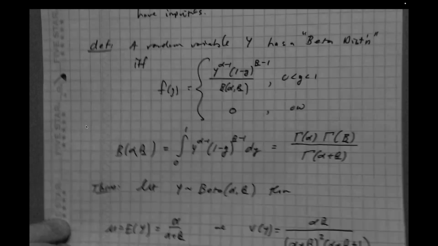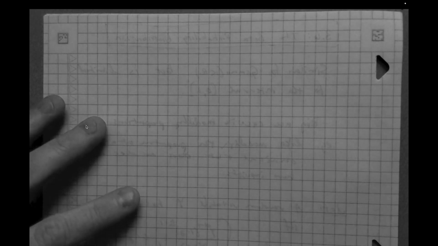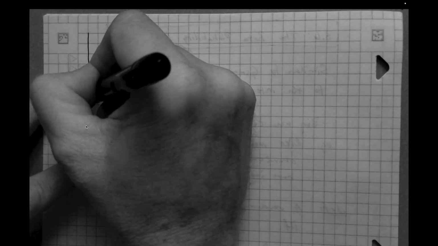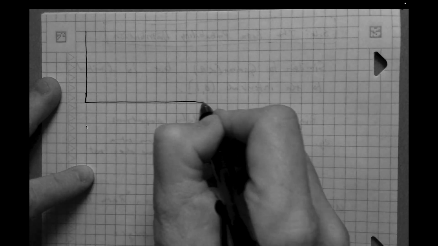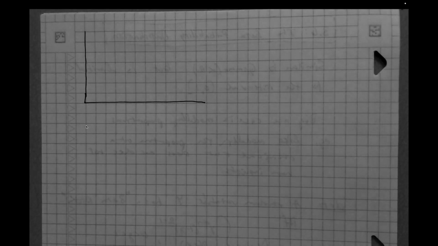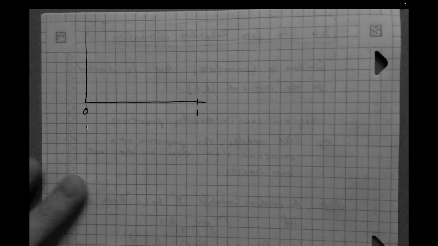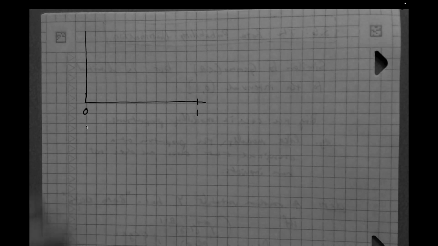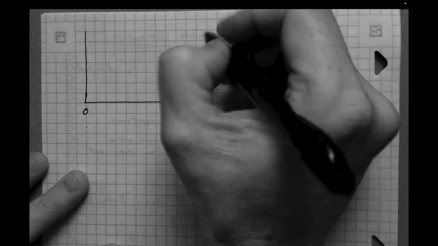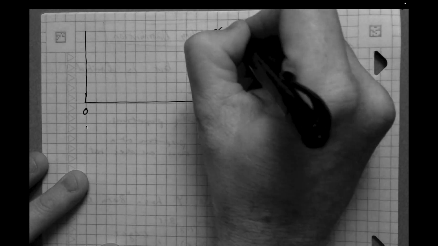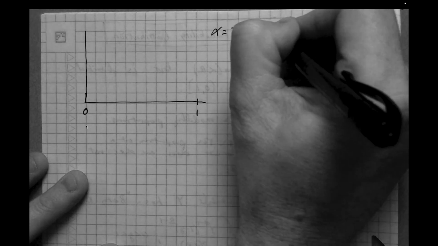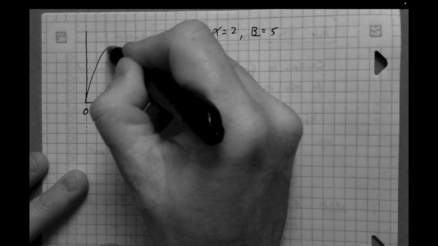The similarities to the gamma distribution are quite notable when you plot a few of these. So let's see what this thing kind of looks like. We'll plot a couple of curves here, approximations to what the beta random variable looks like. Remember, it's defined on the interval 0 to 1. If I set alpha equal to 2 and beta equal to 5, then I get something that looks kind of like this.